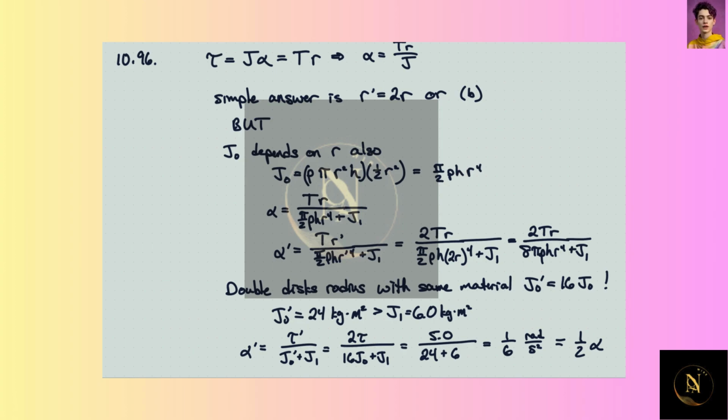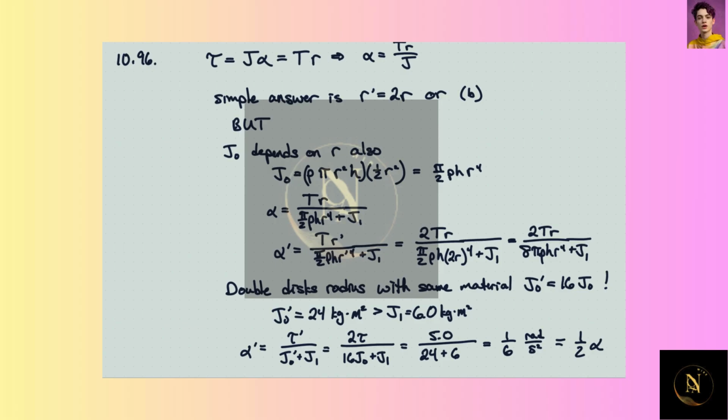So J is going to scale like r to the 4th if we keep the same material. So if we just make this platform out of a bigger piece of the same material, then we're going to get a big increase in the mass moment for the platform.